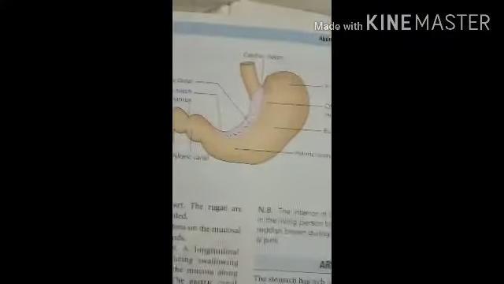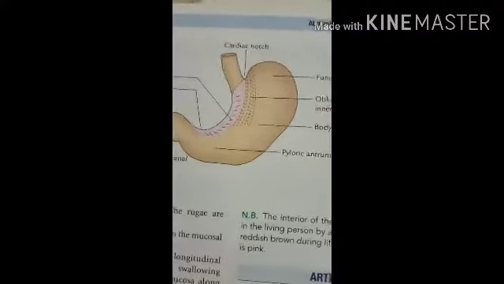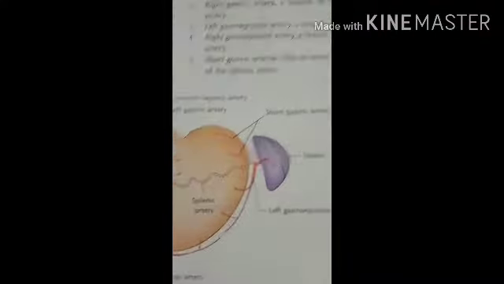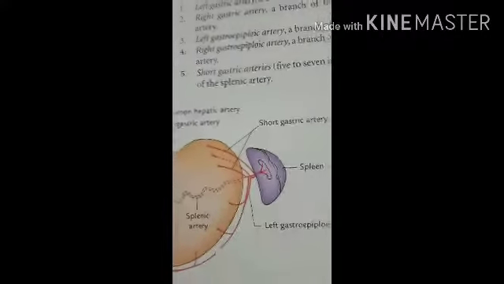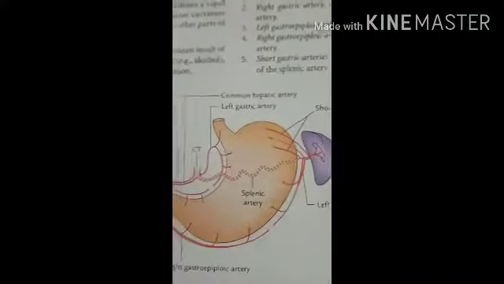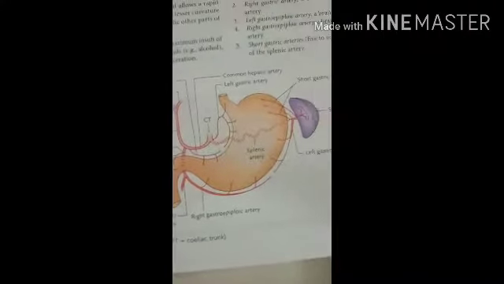After that, we should see the blood supply of the stomach. Here you can see another diagram. So this is the arterial supply, or blood supply. The stomach is supplied by several arteries.